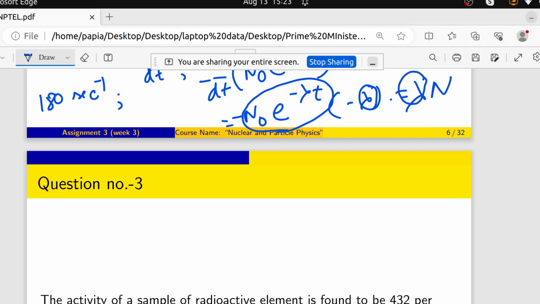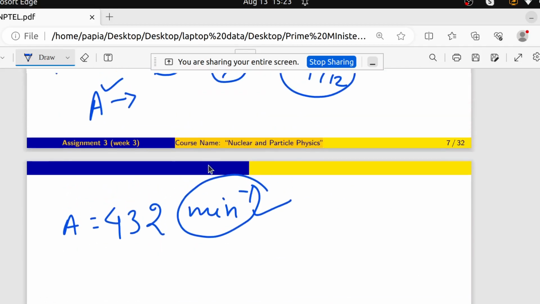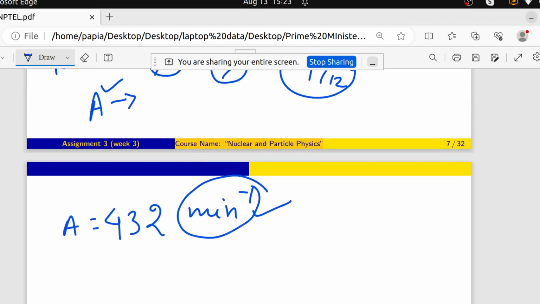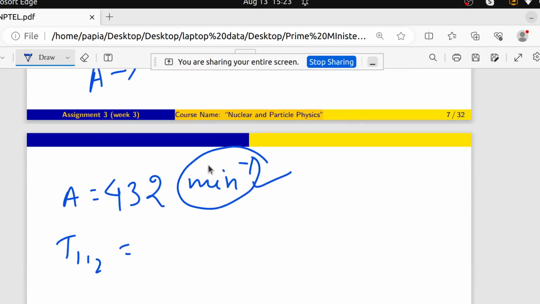But let's say it is in seconds and this is in minutes, then there may be a problem, like we have to convert from minute to second or second to minute, so that all the things will be in a consistent unit, right? So here A is 432 minute inverse, and then t half is already given. I think it is 1.5 minute.